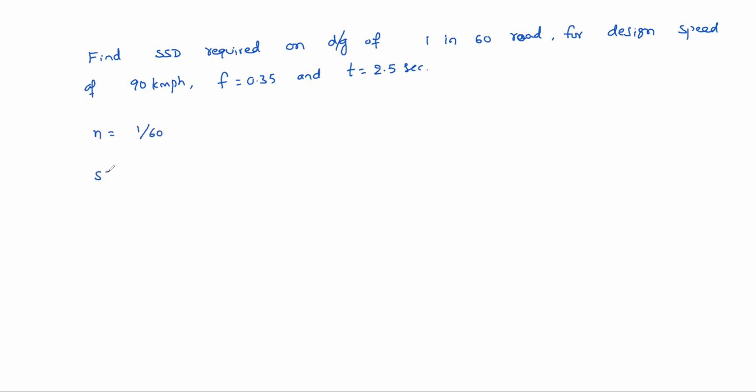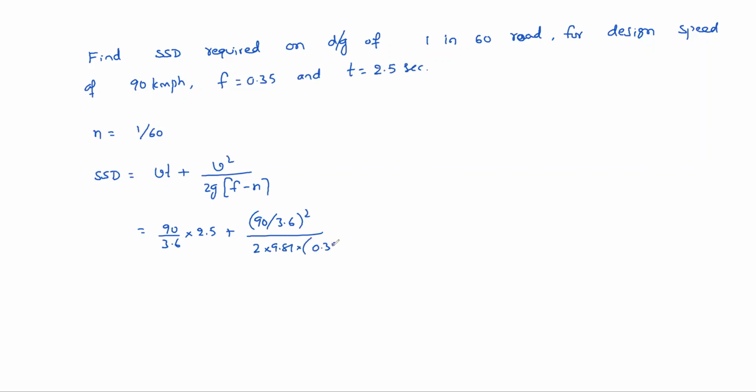So SSD equal to Vt plus V square by 2g(F minus N), which is V 90 by 3.6 times 2.5 seconds plus V square, 90 by 3.6 square, by 2 into 9.81 into (F 0.35 minus 1 by 60).